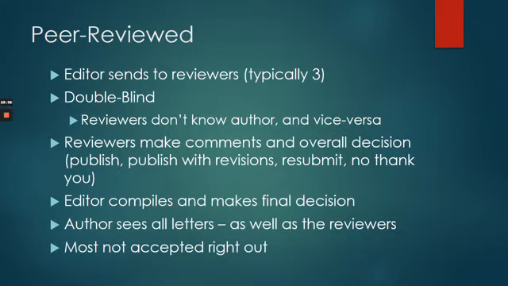And then you give an overall decision. So each reviewer makes an overall decision, and basically there's publish, yes, this is so fantastic, publish it right away. That's very rare. That rarely happens. There is a decision of publish with revisions.